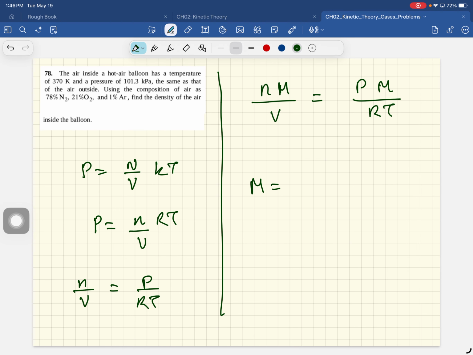The density of air is about 1.3 kg per meter cube, so this density should work out to less than that in the hot air balloon. I made a mistake someplace. All right, I will post the corrected solution.